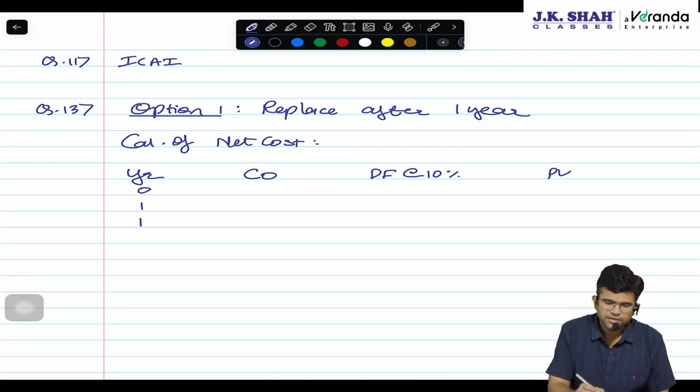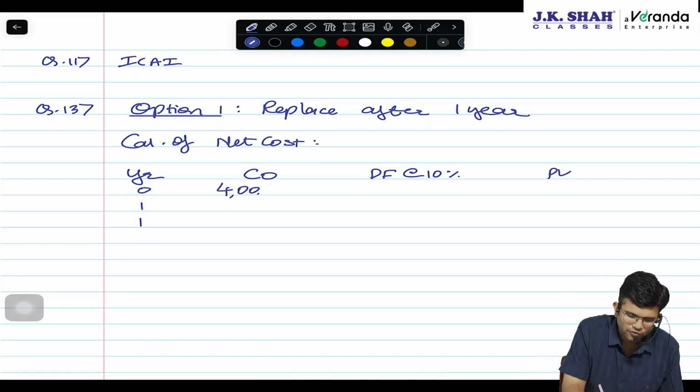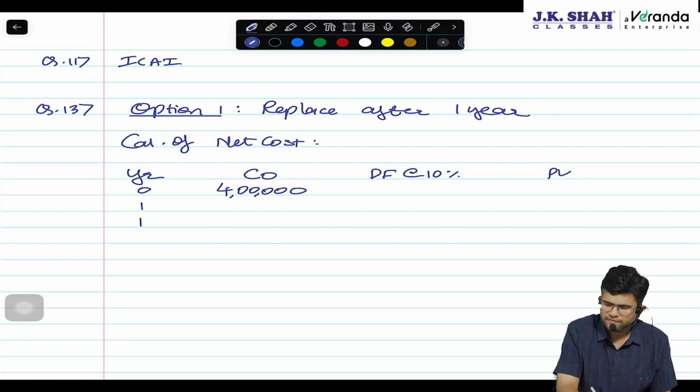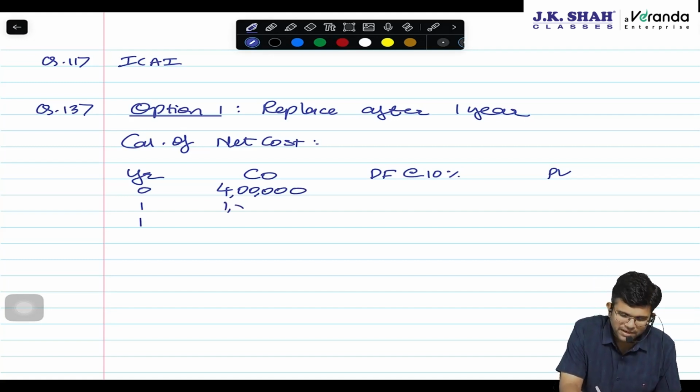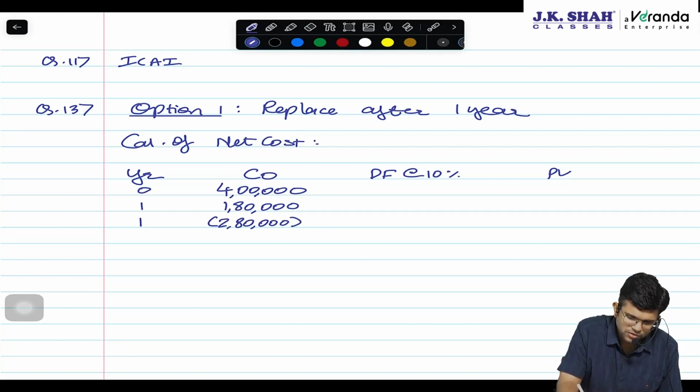In year 0, how much investment you have to do? 4 lakhs. In year 1, how much operating cost you have to incur? 1 lakh 80. In year 1, how much salvage will you get? 2 lakh 80,000. So this is 1, this is 0.909.